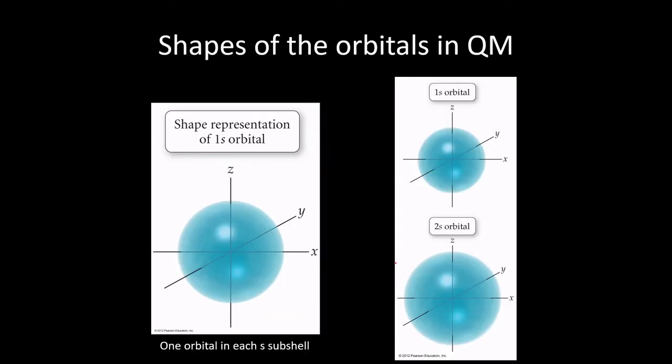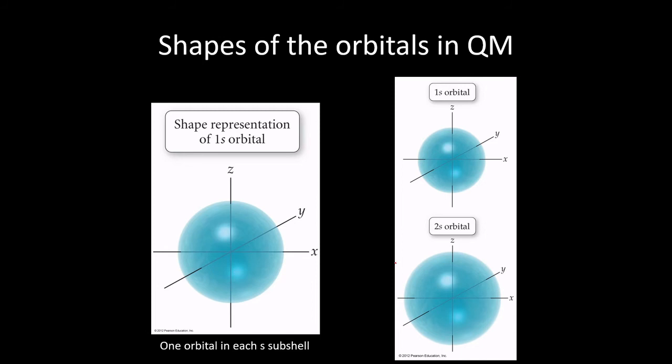So if we look at the S subshell, these have a shape like a sphere, just a perfect sphere. So the first S subshell we come across is the 1s. When we're numbering these, we always put the letter after the principal shell number.